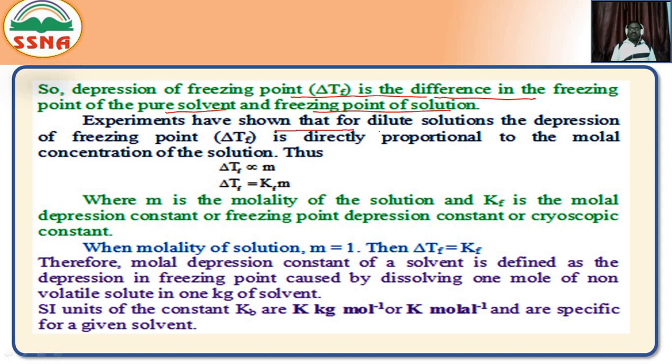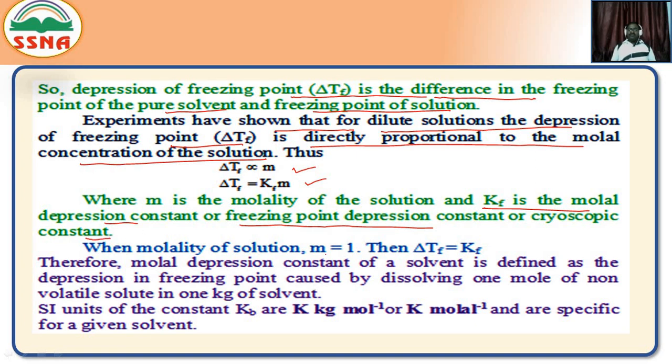Experiments have shown that for dilute solutions, the depression of freezing point is directly proportional to the molal concentration of the solution. Here delta Tf is directly proportional to molality. Delta Tf is equal to Kf into m, where Kf is the molal depression constant or freezing point depression constant or cryoscopic constant.